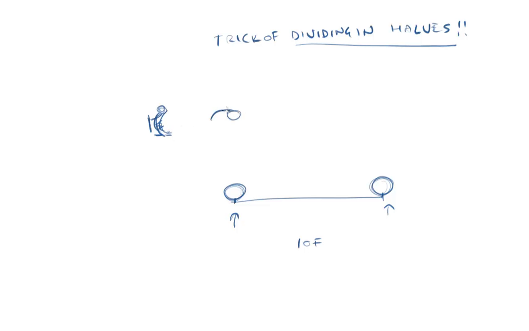So if this character is going from this pose to this pose, we have the starting pose and the ending pose, but once we figure out we have 10 frames to go from this to this, we need to figure out what poses would be in the middle of this pose A to pose B.